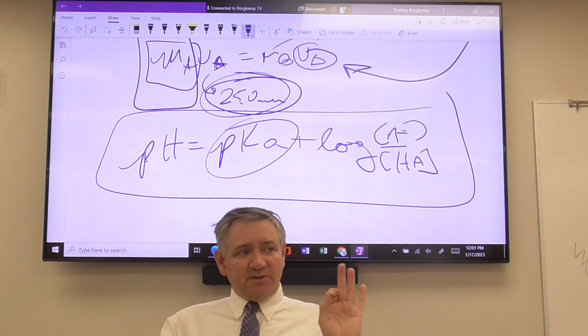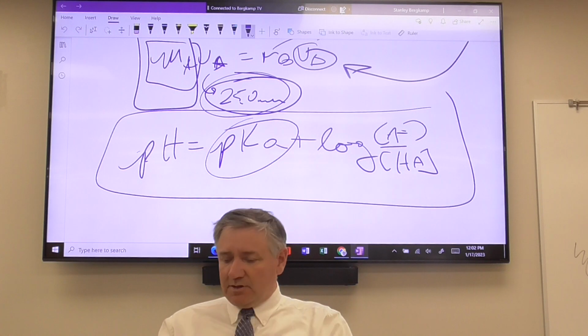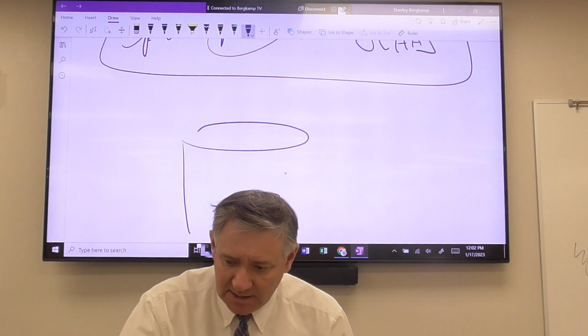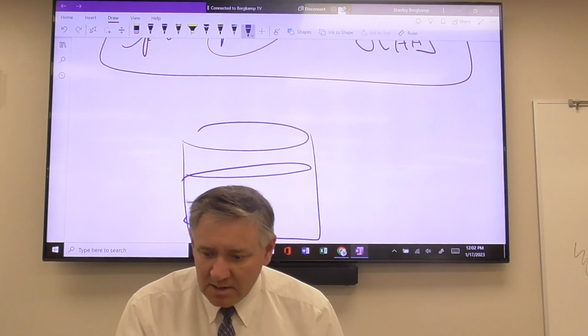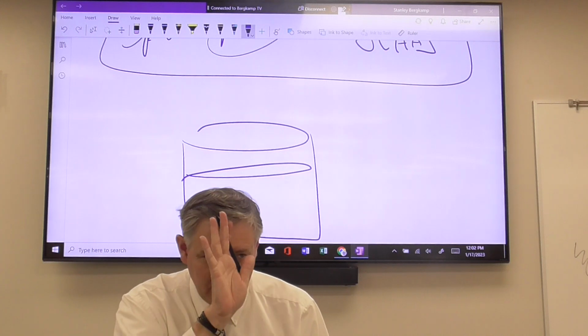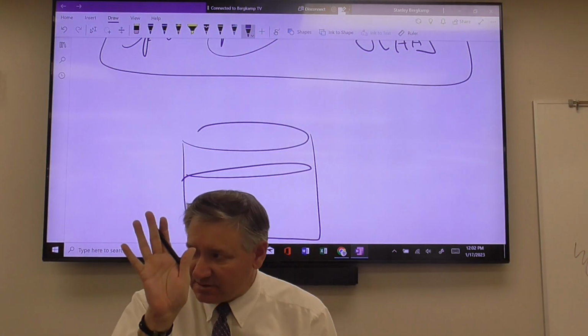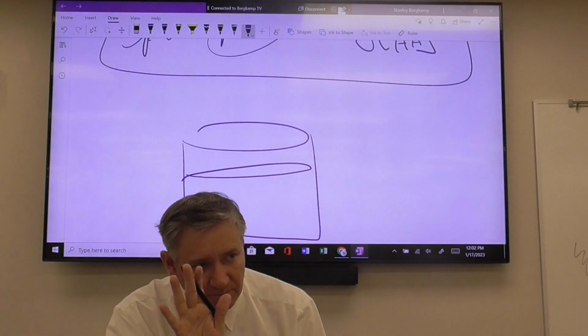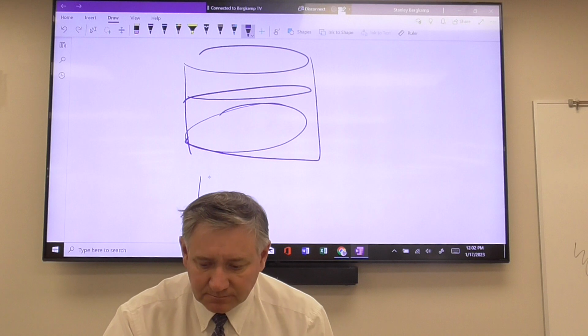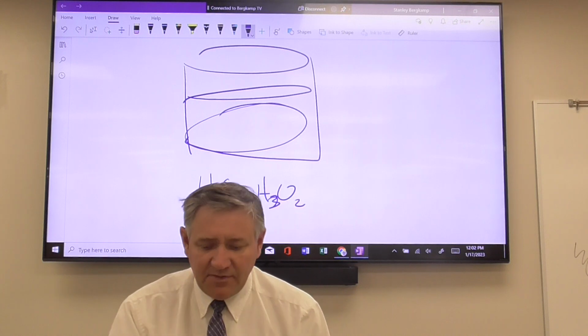At half the equivalence point, this is what I want you to see about what's happening inside this beaker. Inside this beaker, you all have acetic acid. To really get this, you have to understand the molecular level about what's taking place. When you first add this, you have the molecular form of the acid, okay?